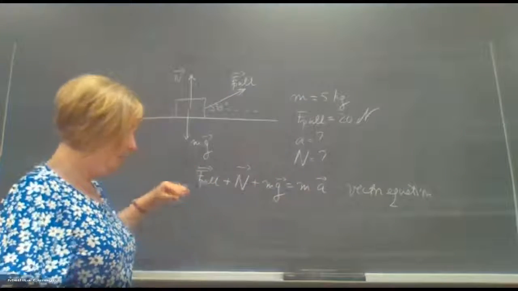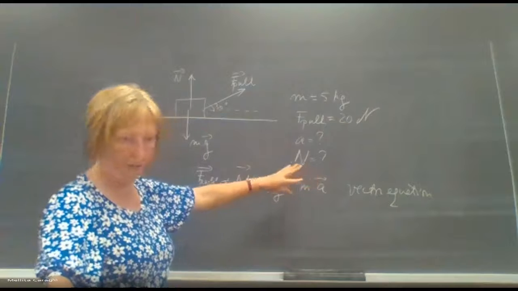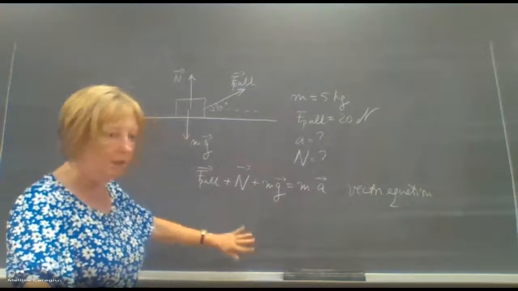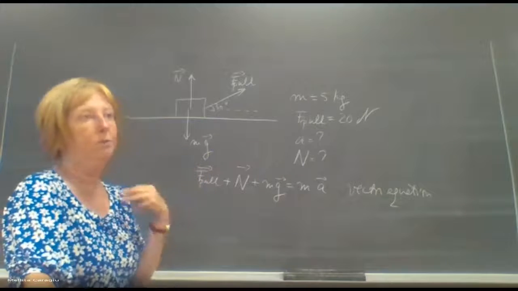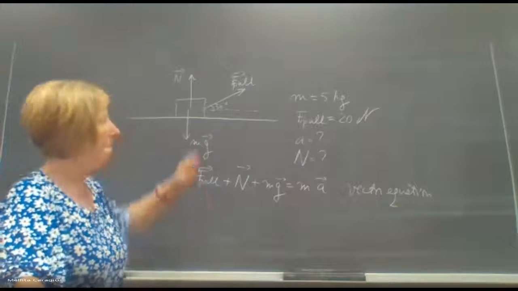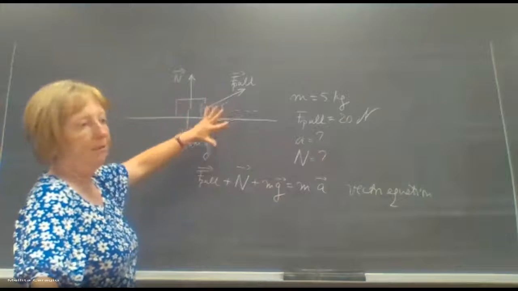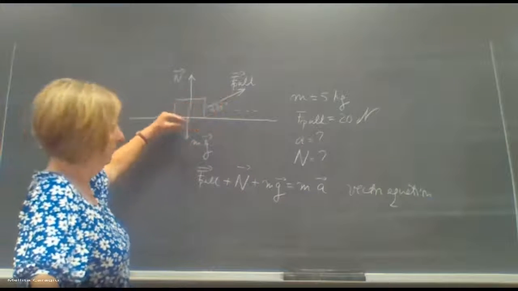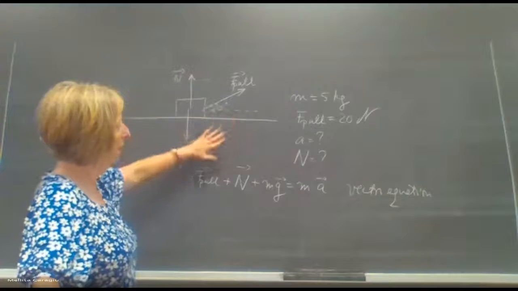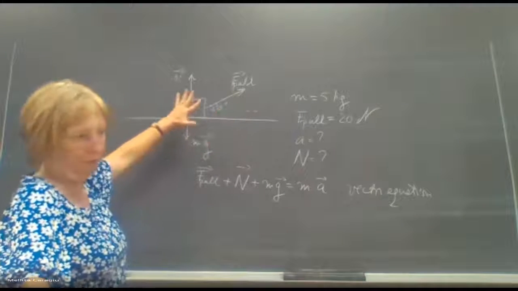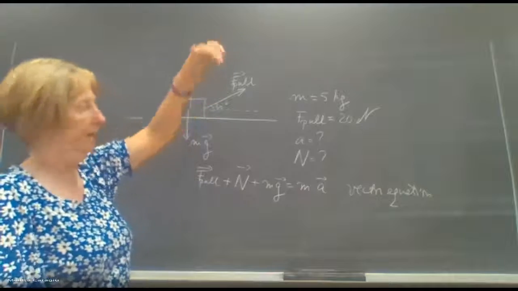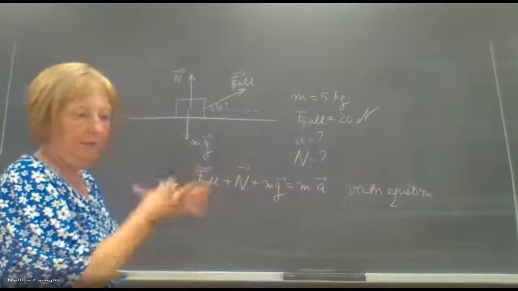We know, for instance, that every vector equation is equivalent to 2 or 3 scalar equations. Why do I say 2 or 3? If everything happens in 2 dimensions, like here, right? All the 3 forces act in the plane of the board, not one coming out like that in 3 dimensions.